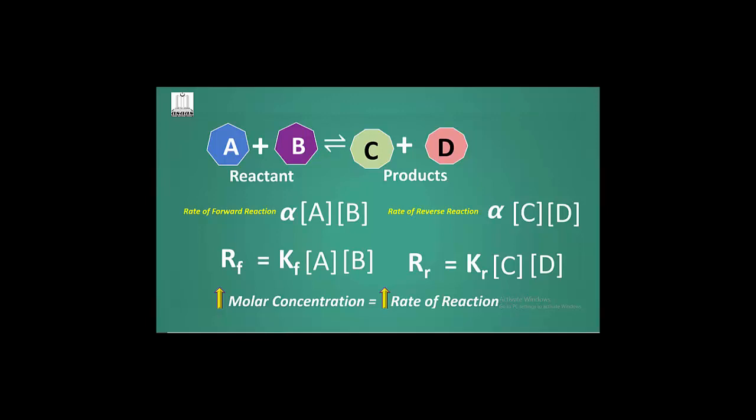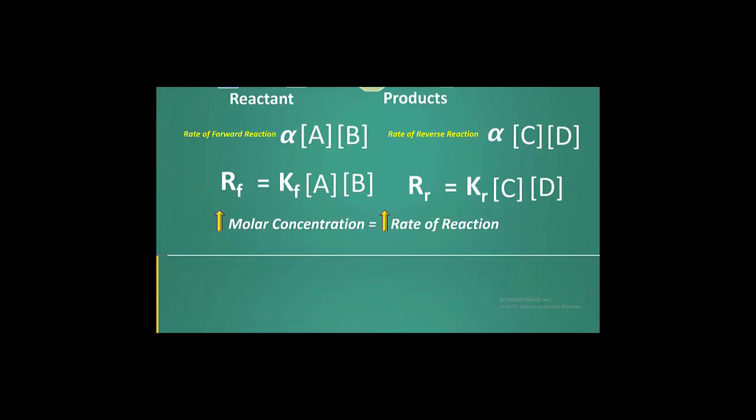A, B, C, D are molar concentrations. So when molar concentration increases, the rate of reaction also increases because both are directly proportional to each other. If we increase the molar concentration of reactant or the product, the rate of reaction also increases because they are in direct relation to each other.